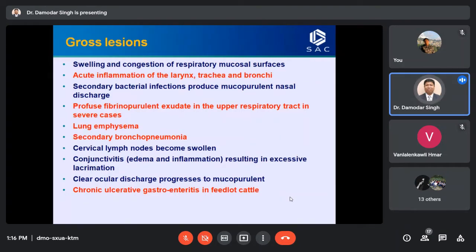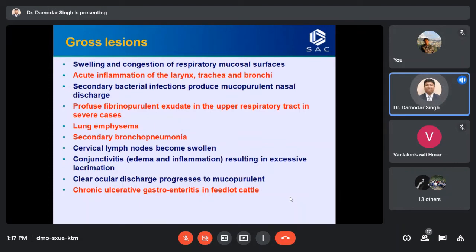nodes may be much swollen, and there may be, in some cases, conjunctivitis also, where edematous and inflammatory reaction of the conjunctiva may be there with excessive lacrimation. Okay, and clear ocular discharges, initially they used to show very clear ocular discharges, and as the disease progresses, it may turn to mucopurulent type of discharges.